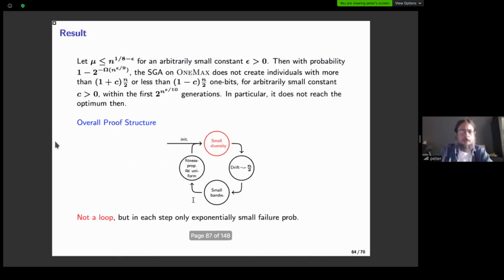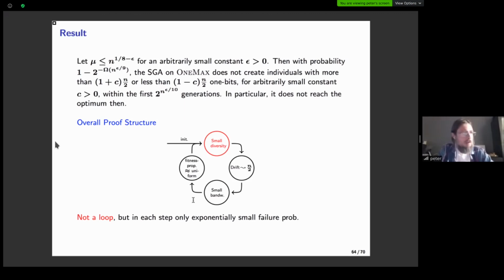And then we take into account mutation. The overall proof idea is that mutation cannot disrupt the idealized process that we've looked at up to now too much.